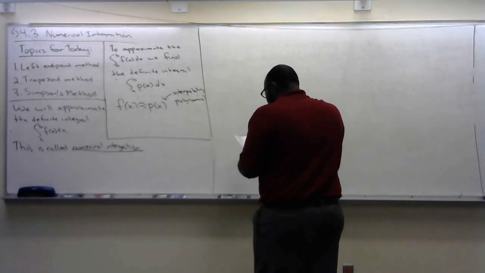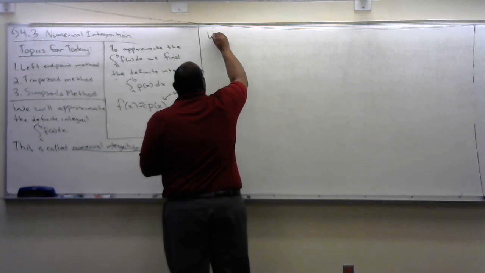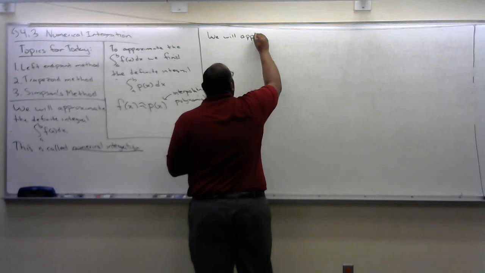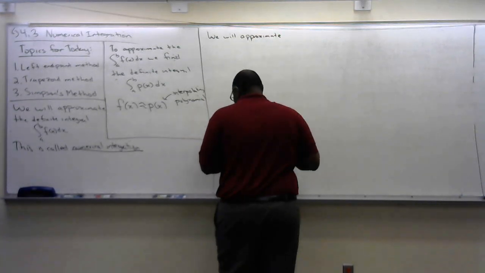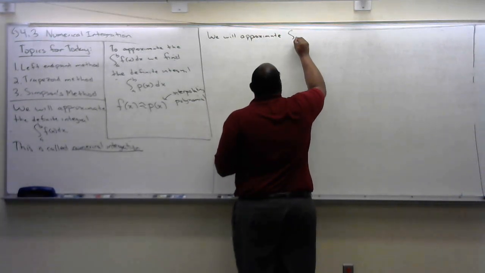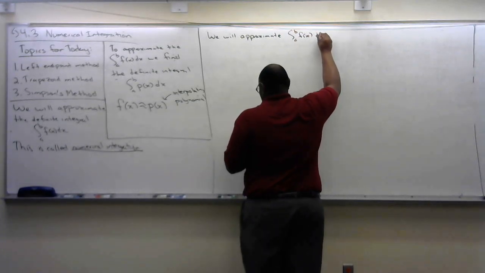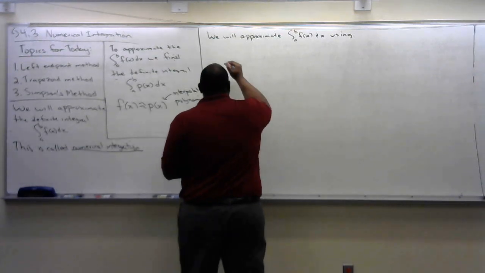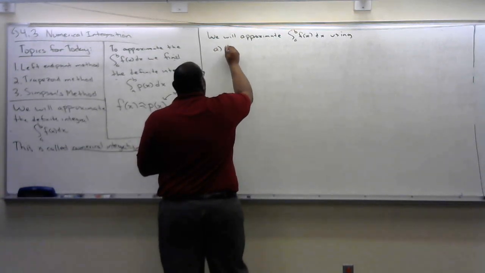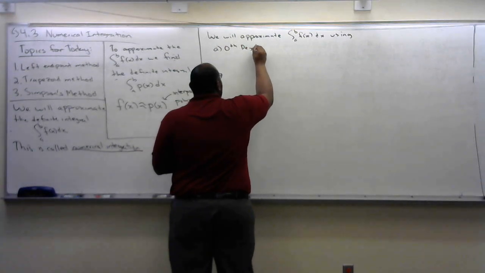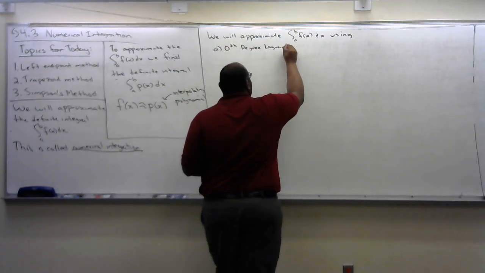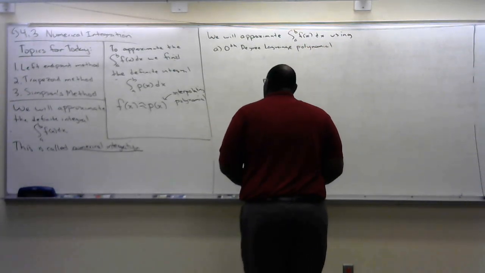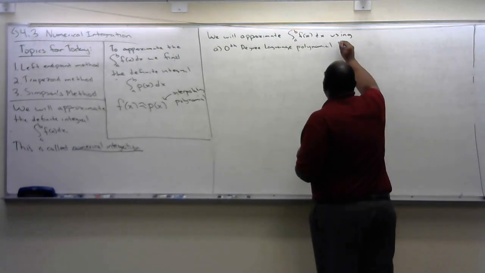Well, before we look at an example, we will approximate the integral from a to b of f of x dx using the 0th degree Lagrange polynomial, which is going to be the left endpoint method.